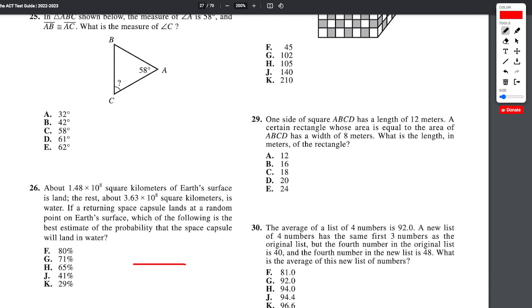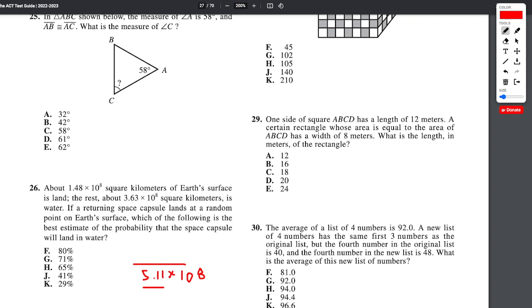So for this one, the denominator will be 1.48 plus 3.63, which is 5.11 times 10 to the power of 8. Alright, when you're multiplying, you can just add these numbers together, 1.48 and 3.63.